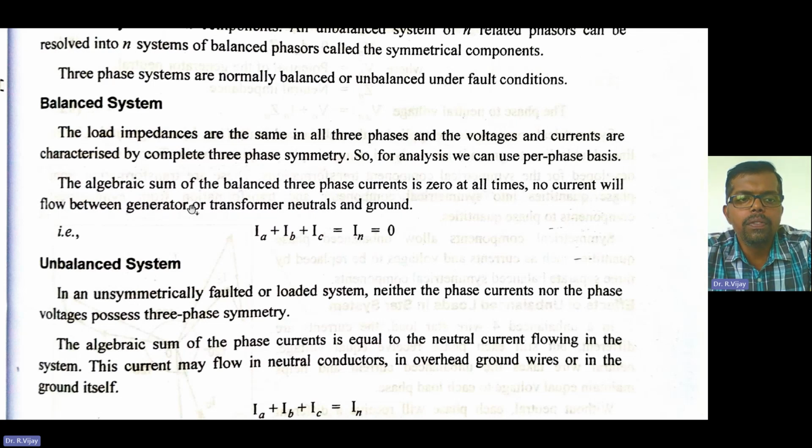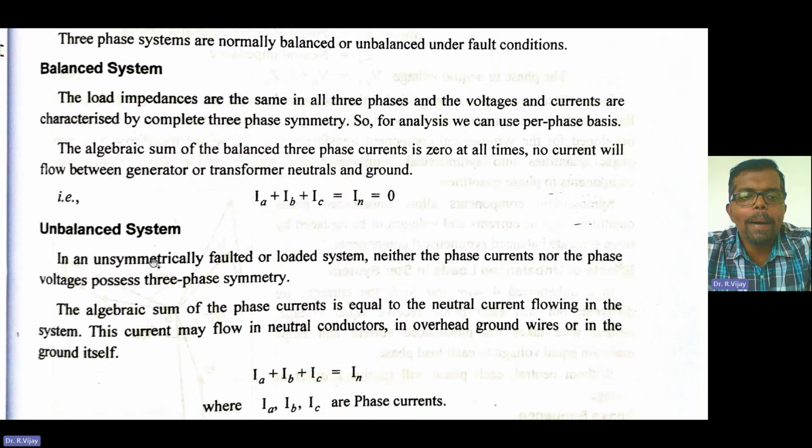No current will flow between the generator or transformer neutrals and ground. So that is called your balanced system.